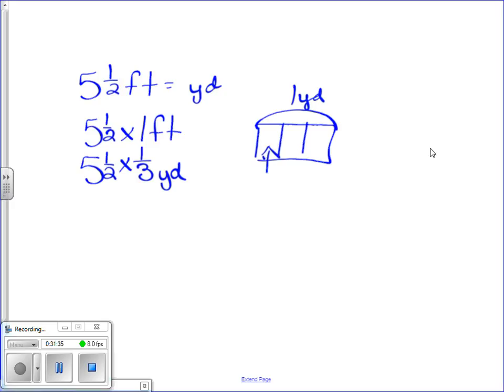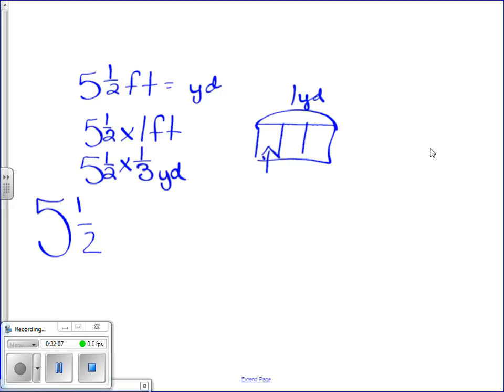Now, I can't multiply this like it is. I can't multiply a mixed fraction by a fraction. That's the new thing. In case you forget, there's an anchor chart for it. I have to turn 5 1/2 into an improper fraction so that I can multiply it.